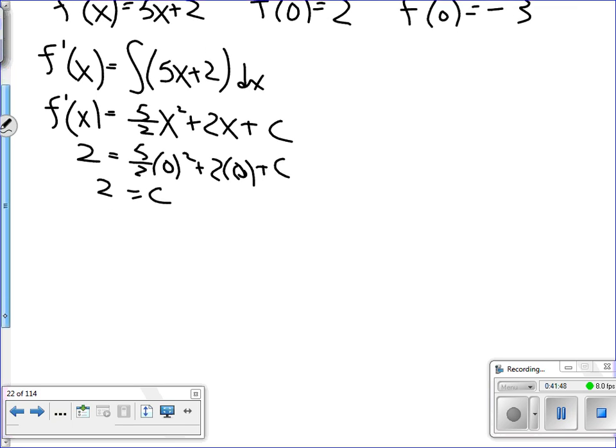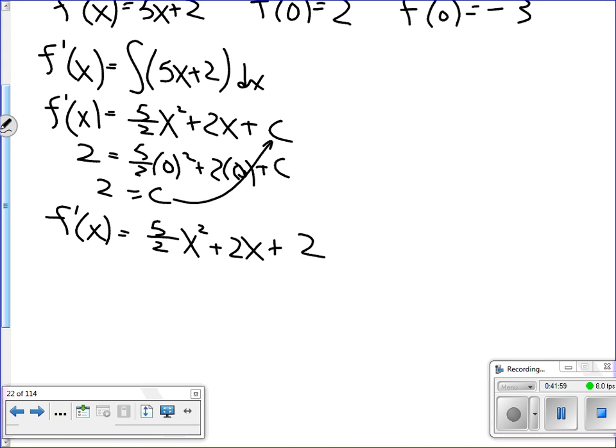So now, plugging it back in, we know that the first derivative is 5 halves x squared plus 2x plus 2.